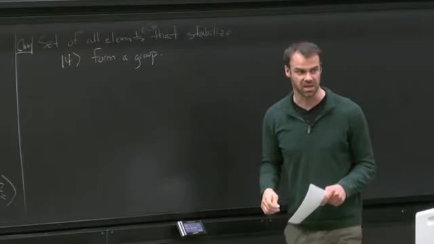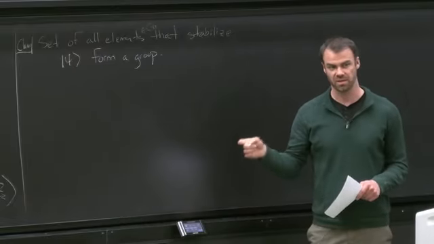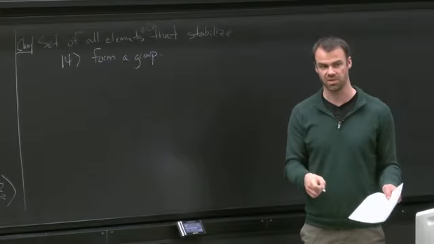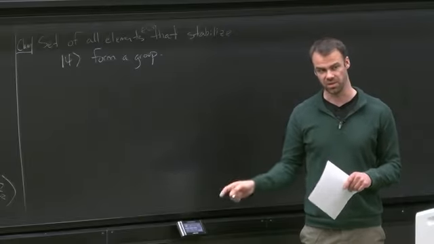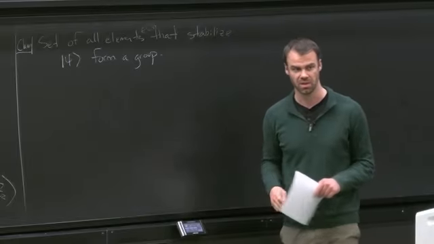You can check that if element 1 acts on psi and gives you psi, and element 2 acts on psi to give you psi, then the product of those is also going to give you psi.